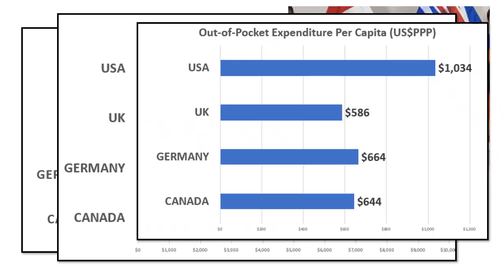Okay, now when you go to the doctor or you go to the hospital, either the government or your insurance provider pay for most of the costs, but you sometimes end up having to pay for little things. Maybe you have to pay for your meals. They pay for the catastrophic medical care, but you have to pay for the meals, or you have to pay for the bandage or something like that.